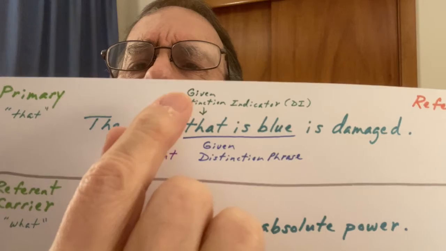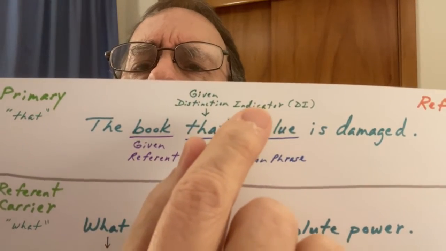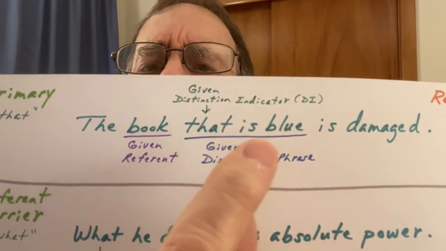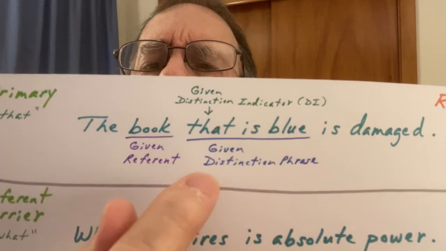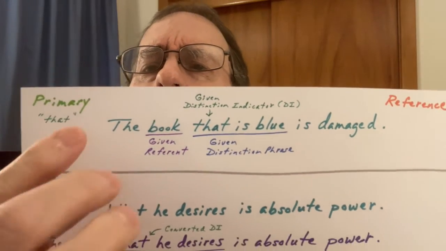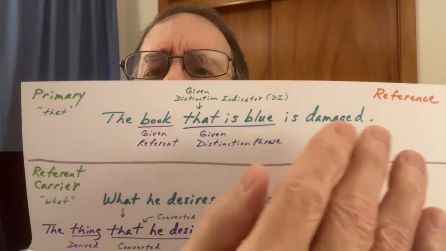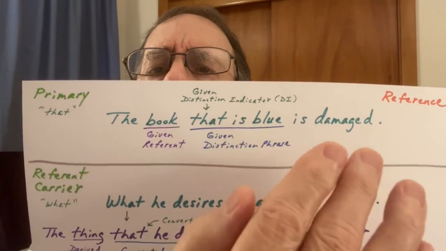Your given distinction indicator, given right up front and clearly visible, is the word that, and that is blue is your given distinction phrase. In this case, everything is given to you right up front. It's visible, it's clear as can be.